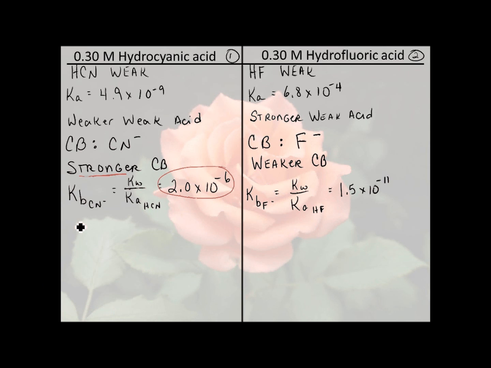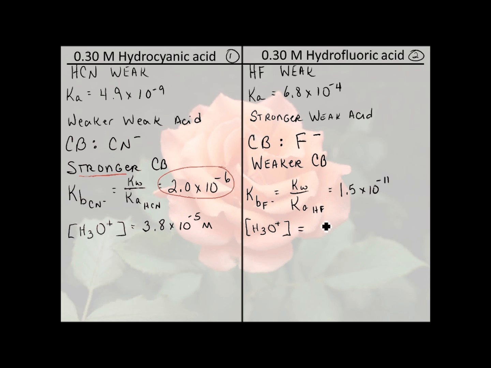Next thing I want to know, what is the hydrogen ion concentration of each? The hydrogen ion concentration of the hydrocyanic acid: Ka is equal to x squared over 0.30 minus x, using your solver key. Your hydrogen ion concentration is 3.8 times 10 to the negative 5 molar.